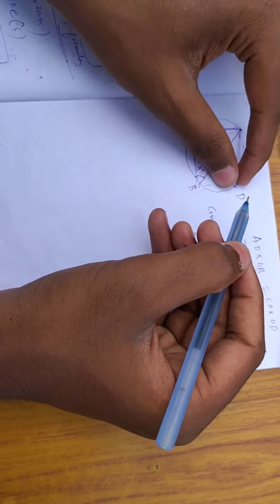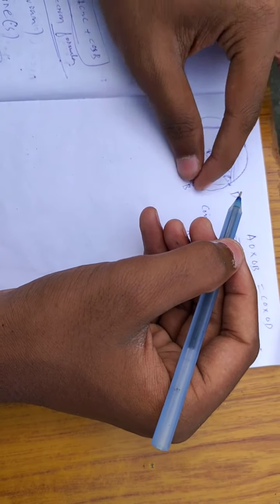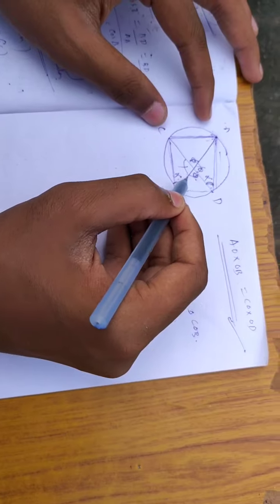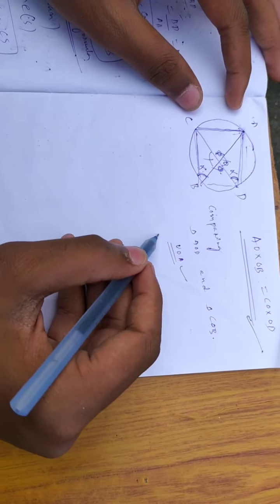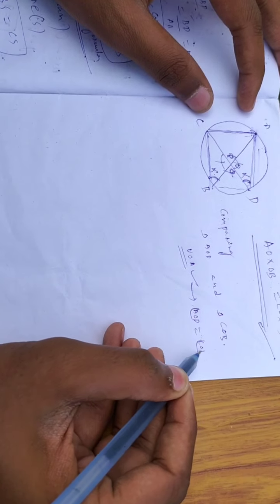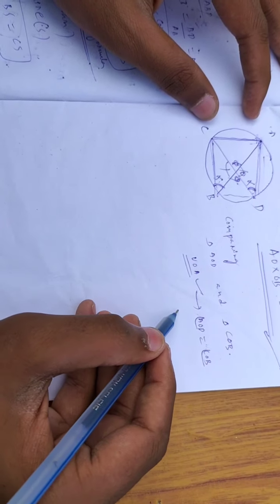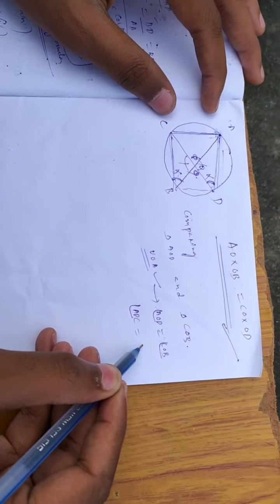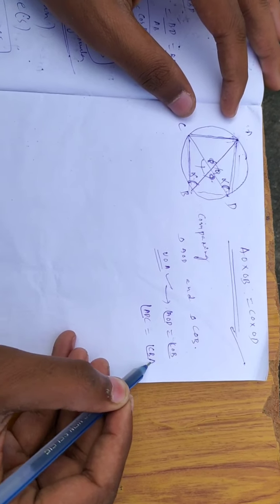They are drawn from the same chord. So alpha equal to alpha, vertically opposite angles, angle AOD is equal to angle COB, and angle ADC is equal to angle CBA.